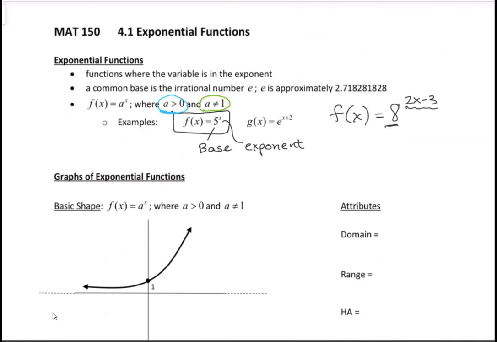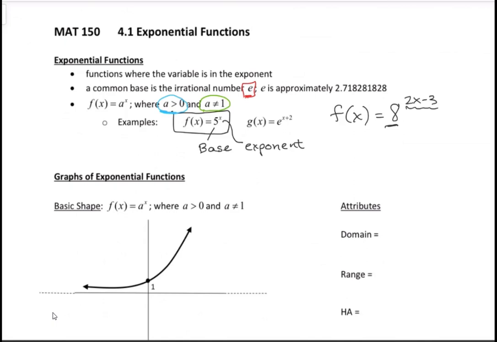Now, besides any number greater than 0, there is one irrational number that shows up as a base quite frequently when we're talking about exponential functions, and that's the irrational number e. Now, e is an irrational number, meaning that there's no fraction equivalent to it.